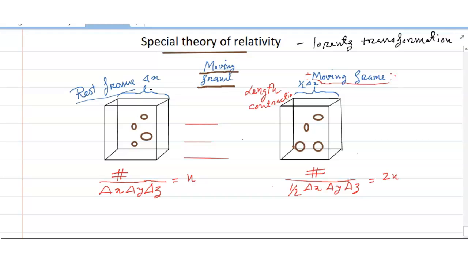You will see friends, here del x is half of del x. So length is contracted, which makes the number density different in different reference frames.